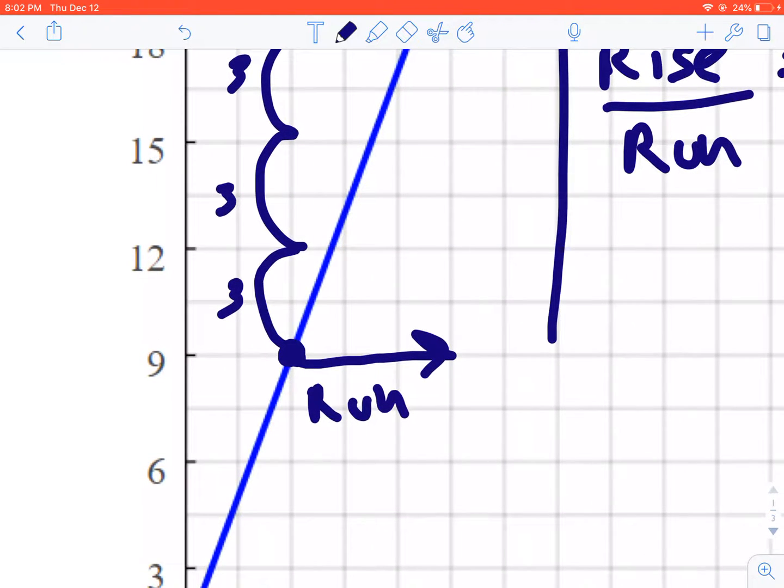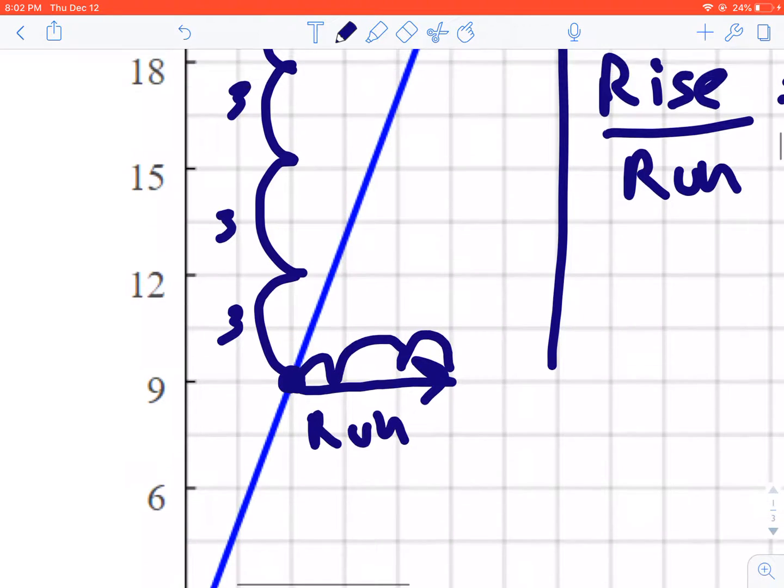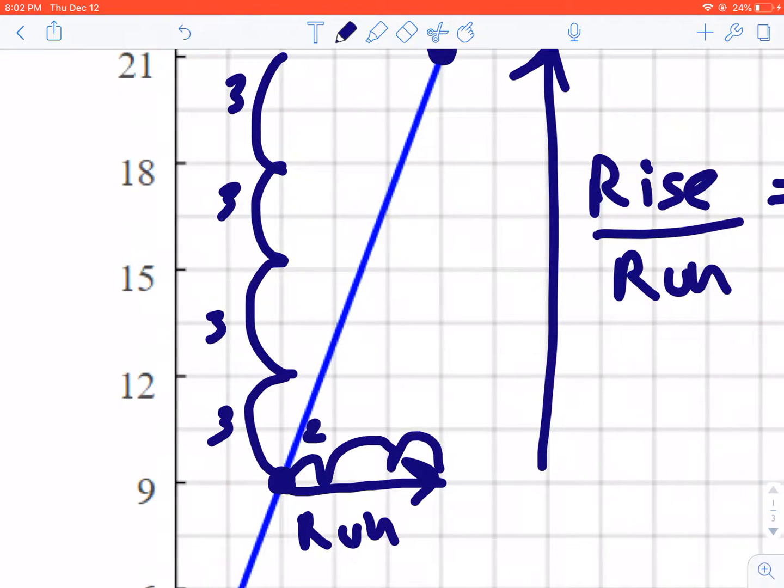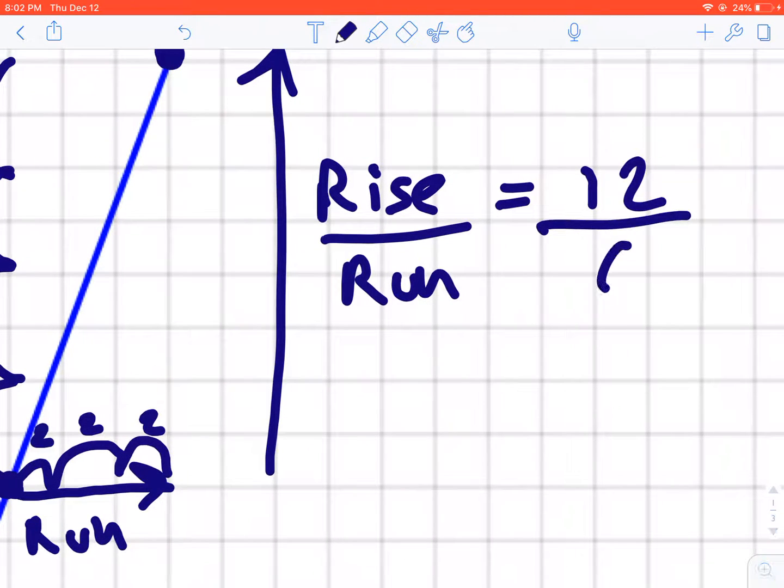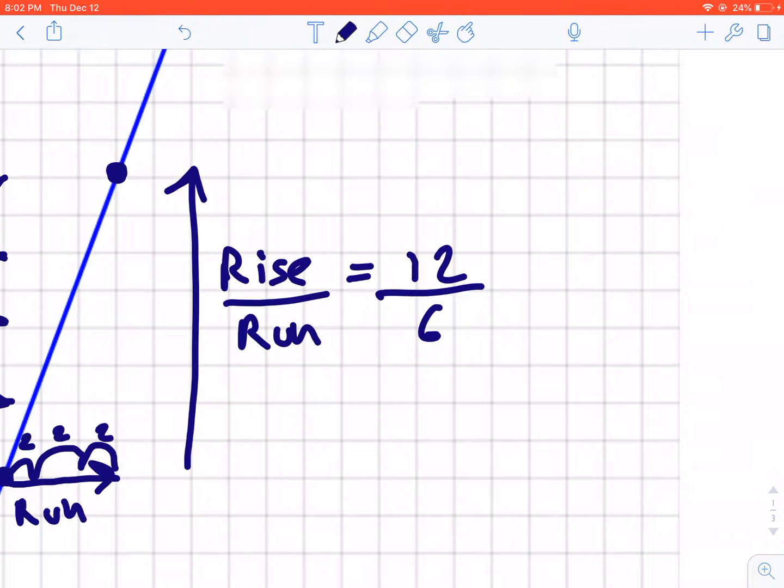So from here to here we have 1, 2, 3. So we have 2, 2, 2, meaning our run is 6. So if we simplify this, this is just 2.